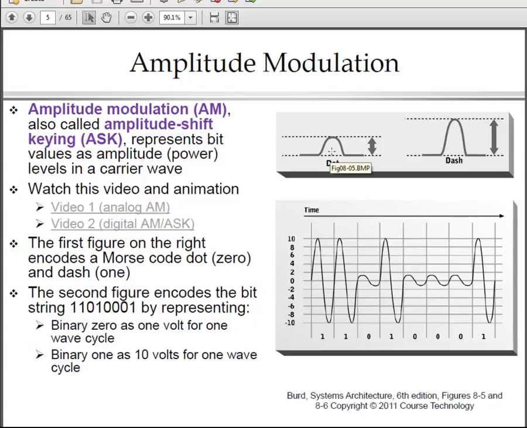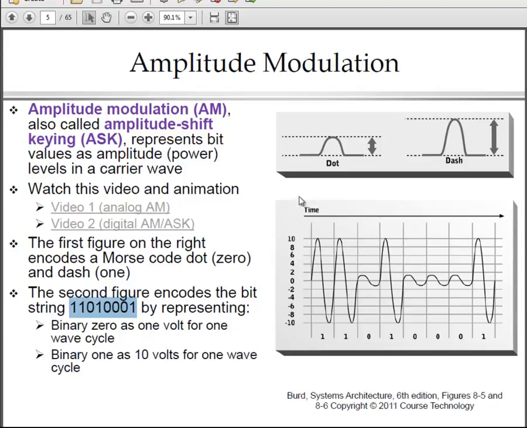So we would do 3 short acoustic signals followed by 3 long acoustic signals followed by 3 short ones. But we could have just as easily done it using amplitude, which, if we were talking about an acoustic signal, would be volume. So a dot could be a small amplitude, whereas a dash could be a large amplitude. Using that same sort of thing, we can embed bit values.